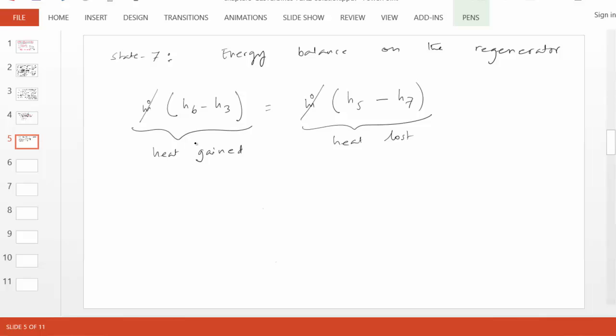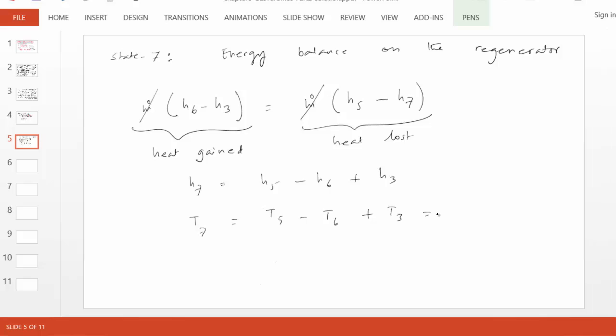If we substitute the PG model, we can get a formula for temperature as well. For enthalpy the formula will be H7 equals H5 minus H6 plus H3, and for temperature it should be T5 minus T6 plus T3.